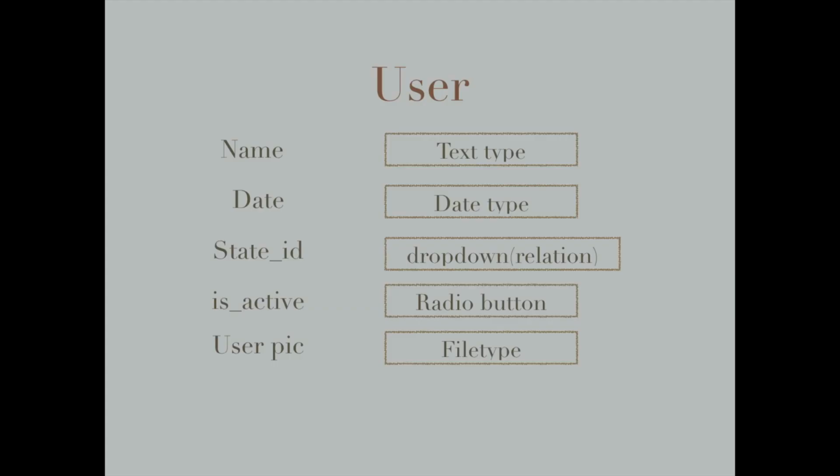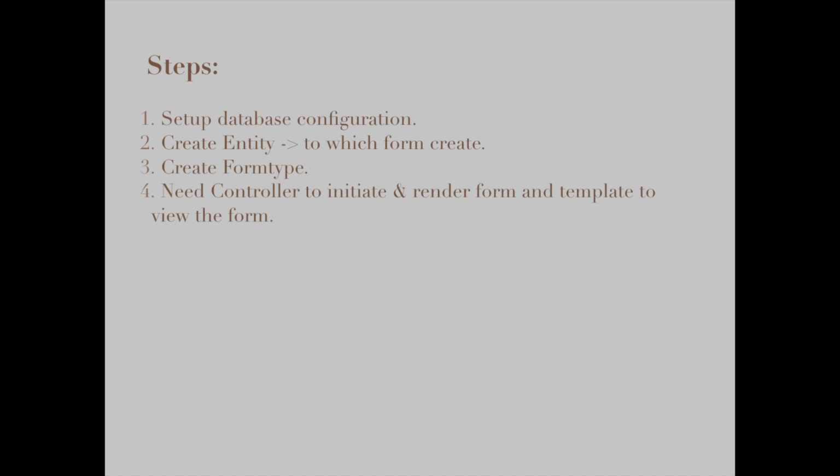We will try to create a quite similar type of form in our project, as I have included the frequently used form fields in this example. So let's start. We need to follow certain steps in order to create the form type. At first, we need to set up the database configuration in our project by going to the .env file.